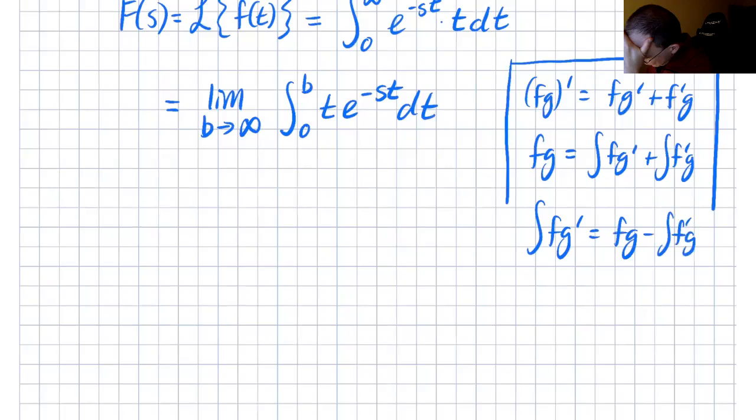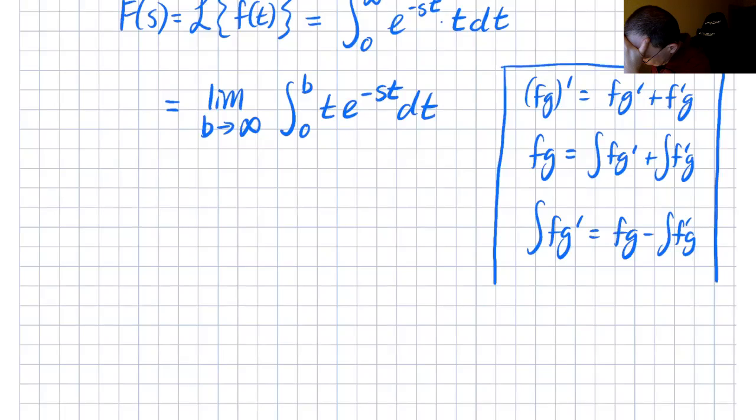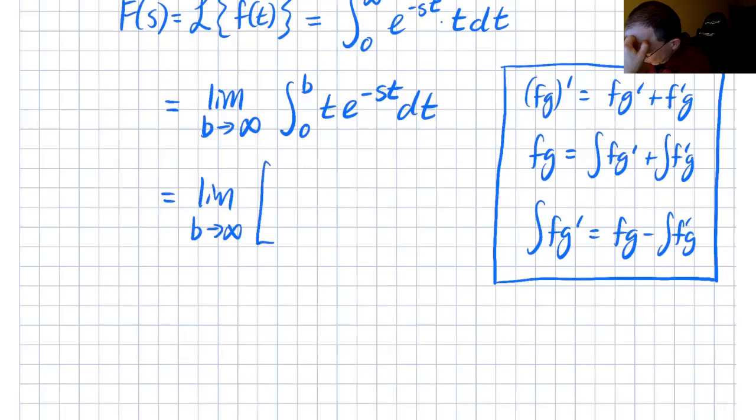Okay, that's what we're after. So there's our integration by parts. I'm going to let this t be the f, and then this term here will be the g prime.